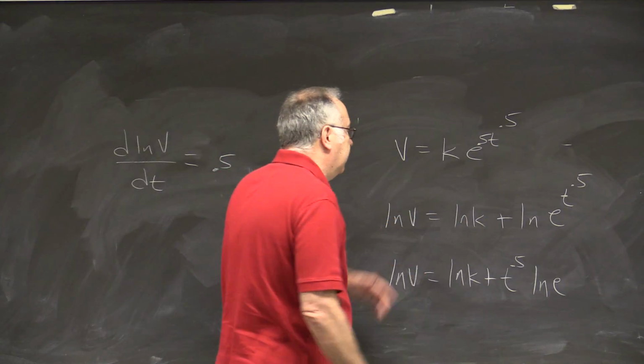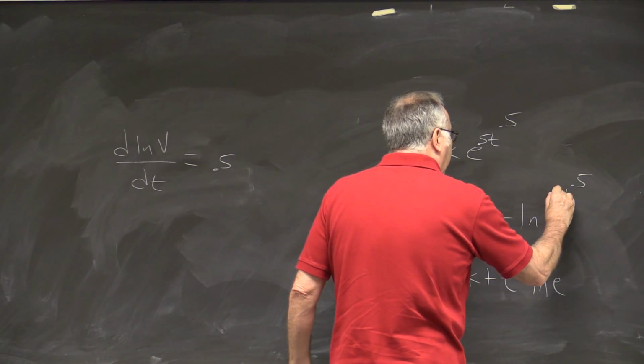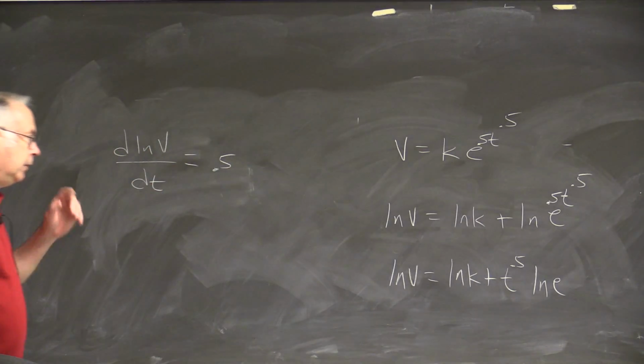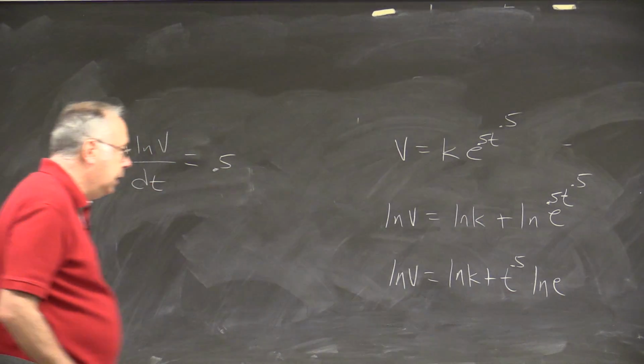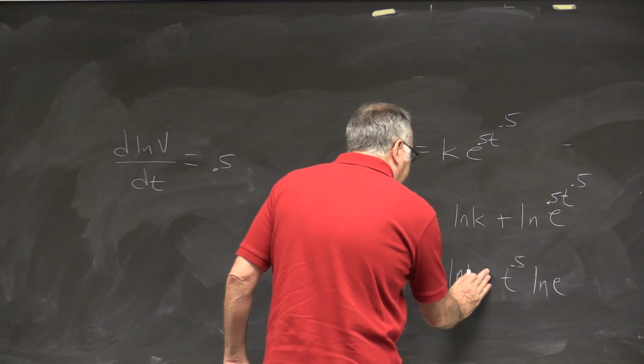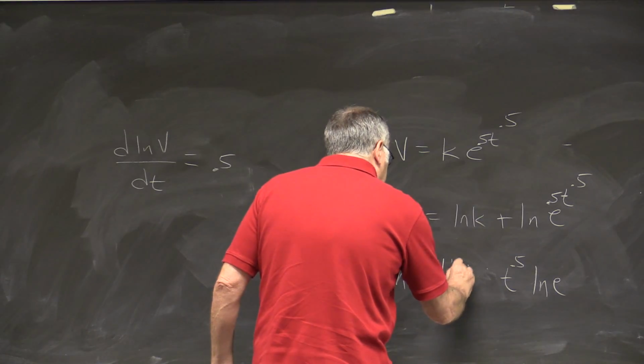It'll be the log of e raised to the 0.5 times the square root of t, or it'll be log K plus 0.5 root t.